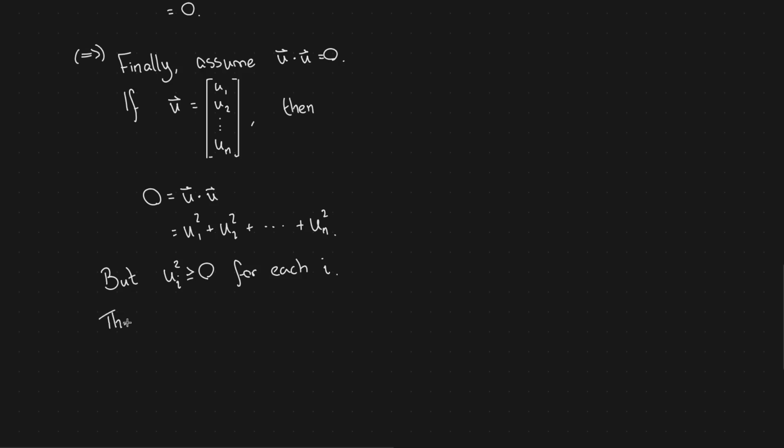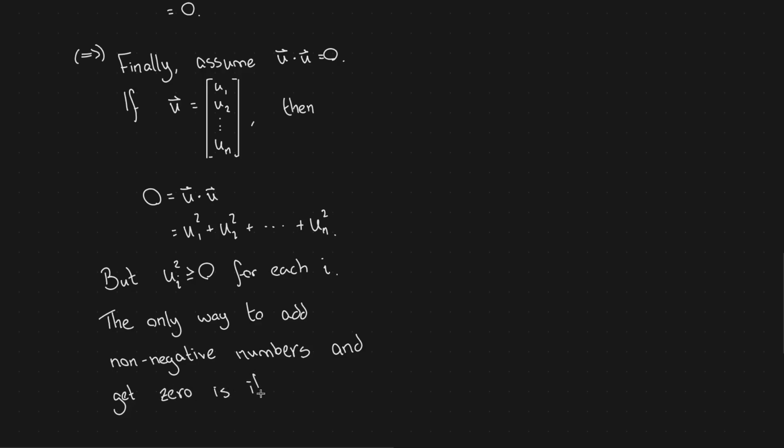The only way I can add non-negative numbers and get 0 is if each number is 0.